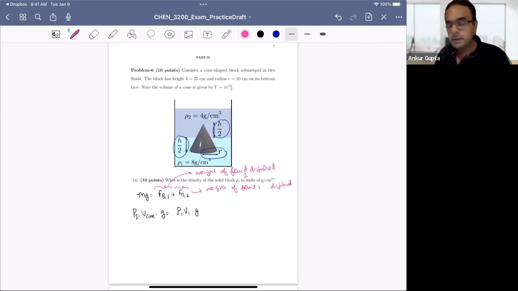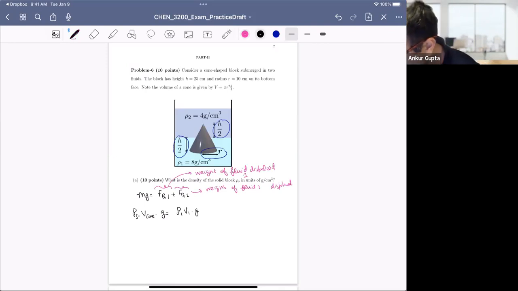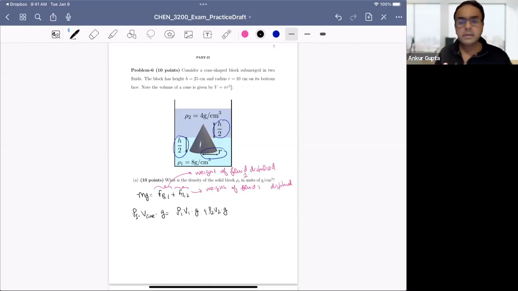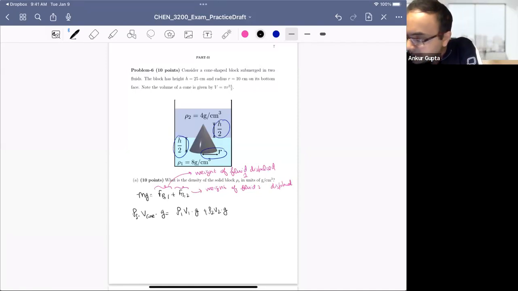Rho 1 V1 g plus rho 2 V2 g, because that is the weight of the second. Note that you can also use gammas, but because this is given in densities, it's just easier to directly use densities times volume. But you can also use rho 1 g as gamma, but clearly this is a density. We have been given density, so we'll just use density.